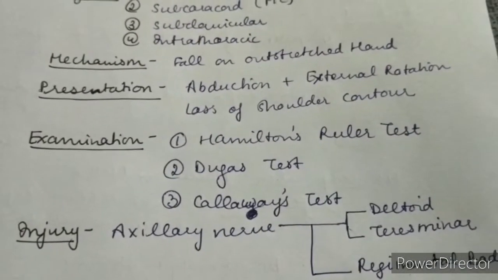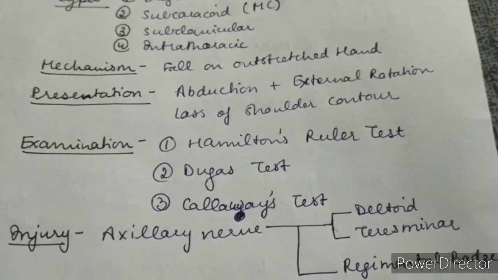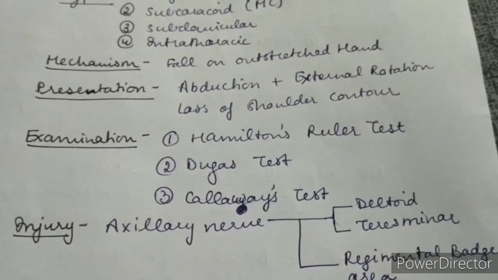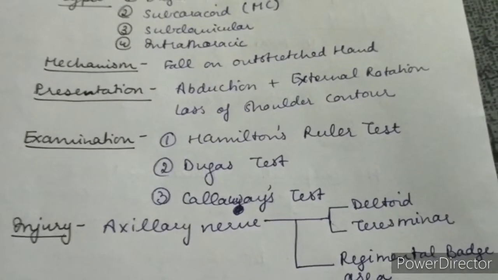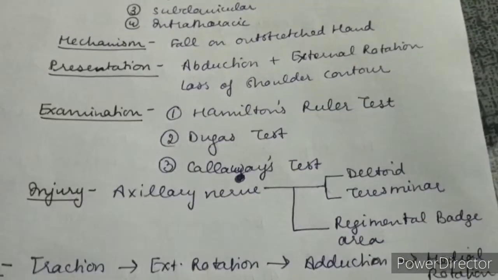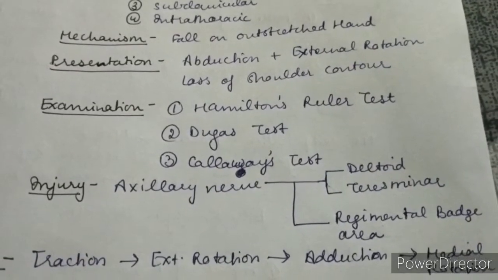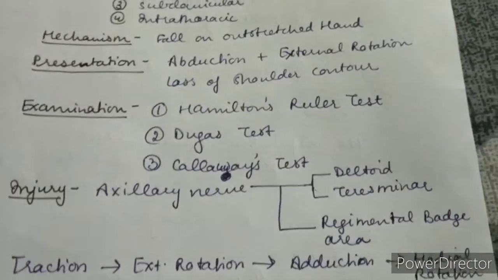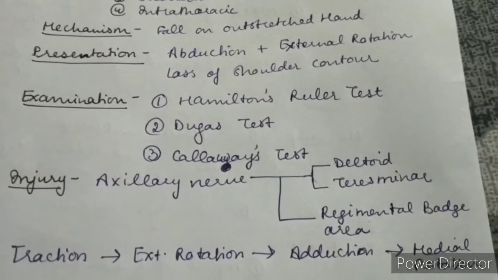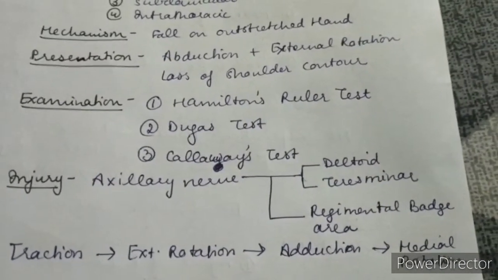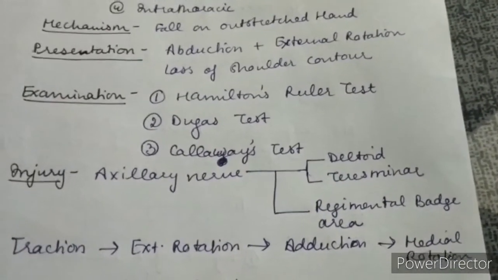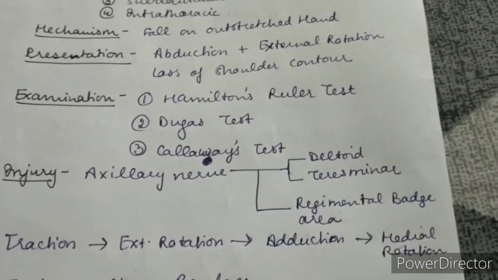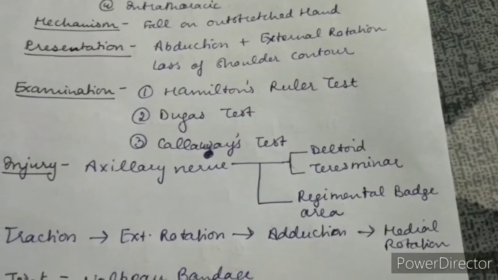So in Hamilton's ruler test we place a ruler on the side of your arm, and if both the ends of the ruler do not touch your arm, then it is said to be negative, that means the shoulder is absolutely normal, and if both the ends touch the arm, then there is some problem. The other tests are Dugas and Callaway's test, which you need to know, but that is not very important. The important one is Hamilton's ruler test.